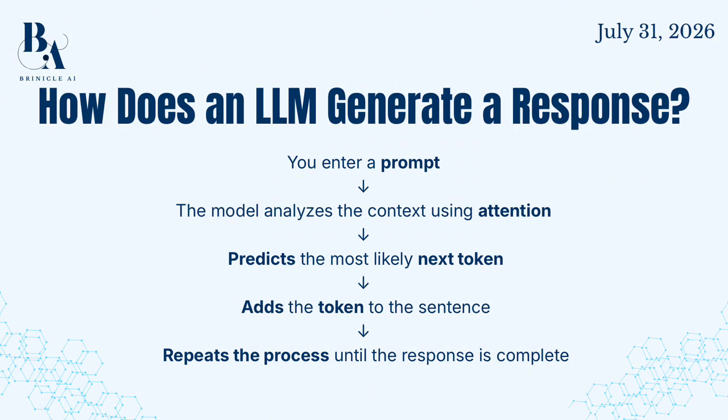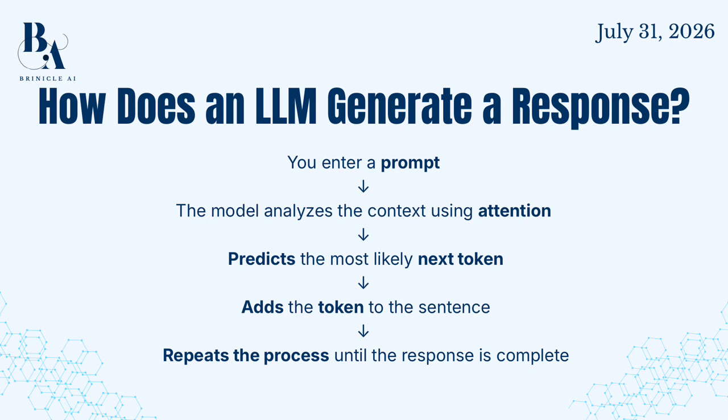It predicts the most likely next token, adds it to the response, then repeats the process. Each new token becomes part of the context for predicting the next one. The cycle continues extremely quickly until the response is complete. Although it feels like the model is thinking ahead, it's actually making thousands of tiny prediction decisions one after another.